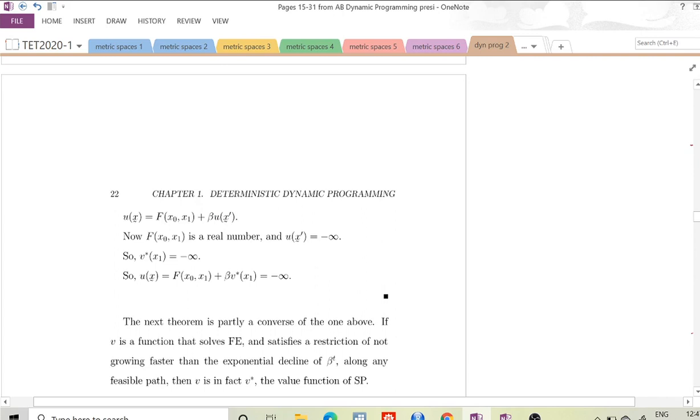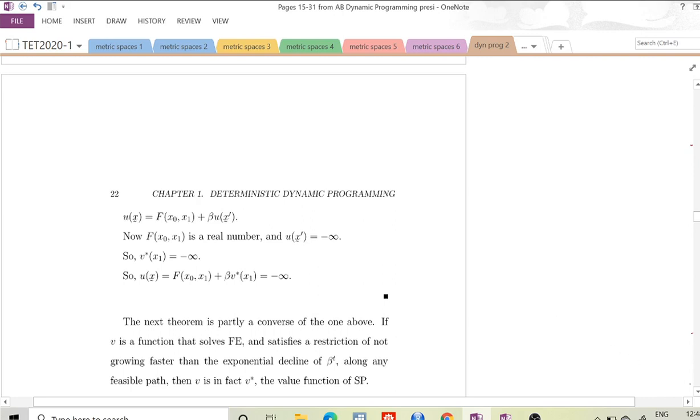But if this is negative infinity for every plan starting tomorrow, then the best you can do starting tomorrow, v star of x1, is negative infinity. But if the best that you can do tomorrow is negative infinity, then that plus whatever the current reward is is negative infinity. Okay, so that's it.